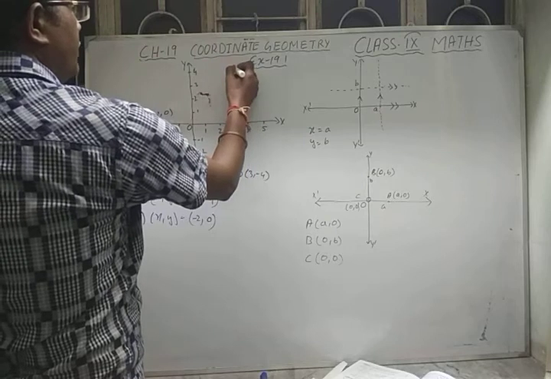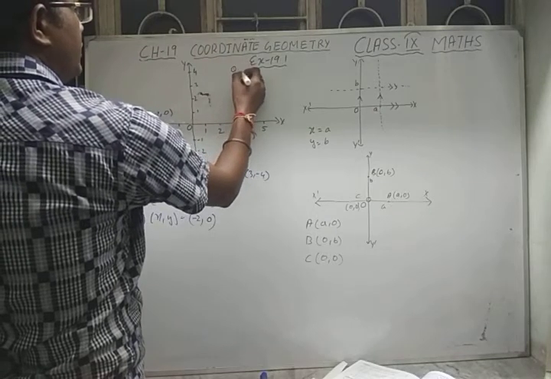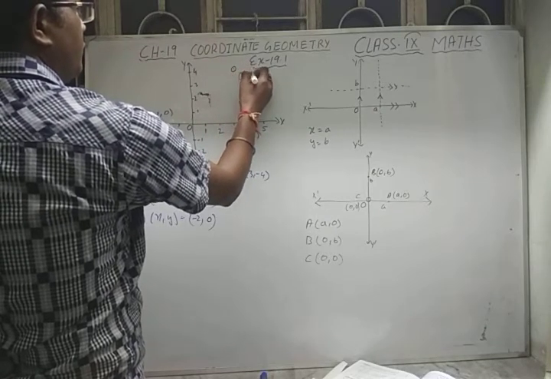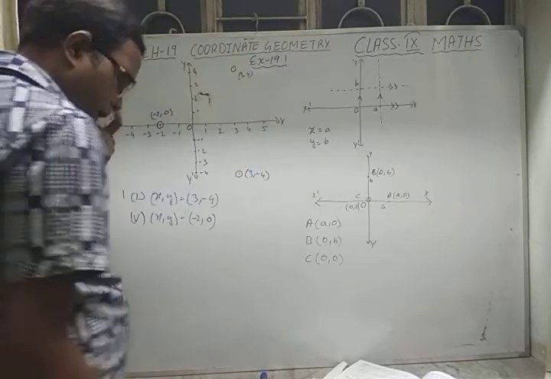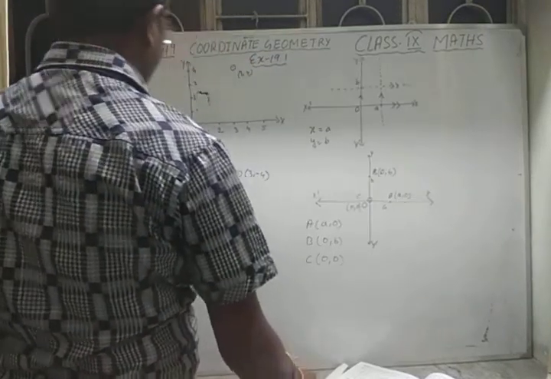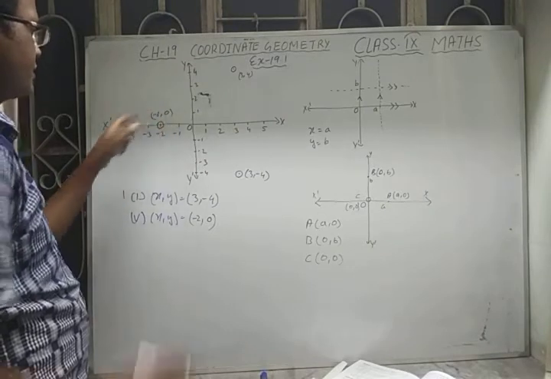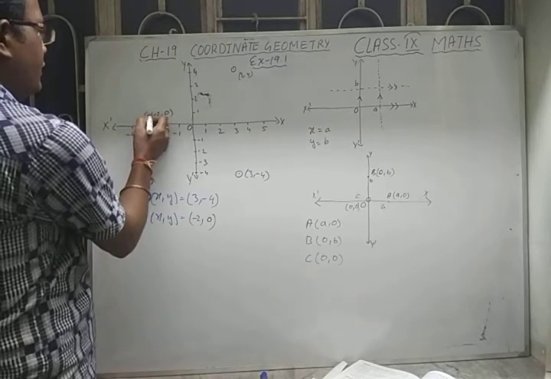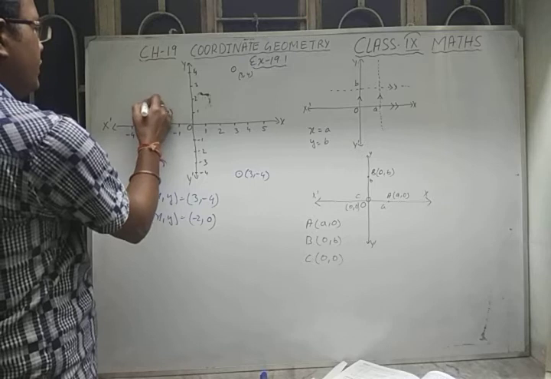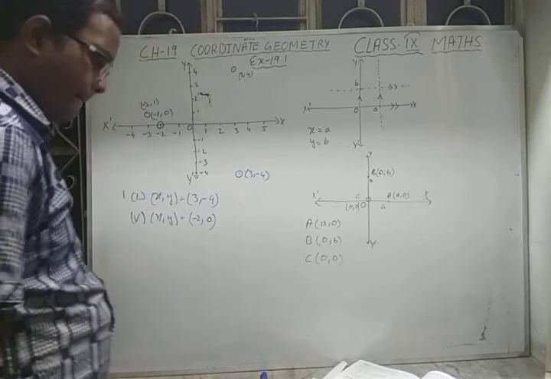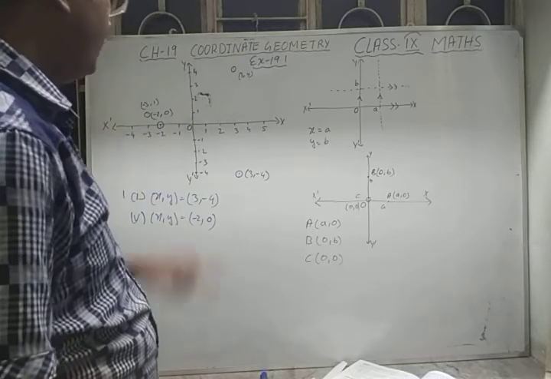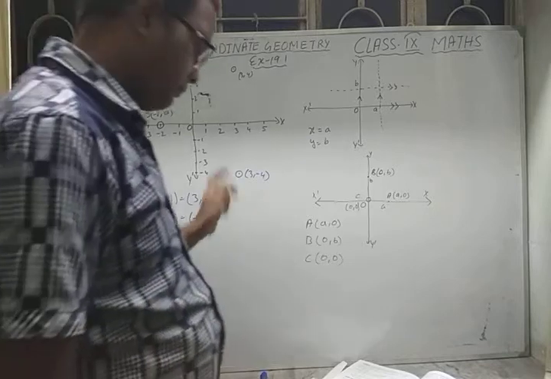They will meet at this point. So this will be (3, 4). Then after that, (-3, -1). Here x is -3, y is -1, so the point will lie like this. In this way you have to plot the points.